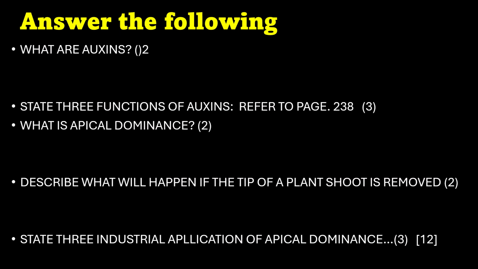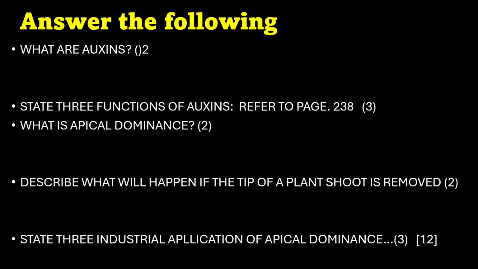State 3 functions of auxins. That will demand that you refer to your notes, or you go to the DBE textbook, page 238, or you just check your notes, the handouts. And then the third question, what is apical dominance, or define apical dominance? It can be 2 marks or 3 marks or 4 marks because you have to provide the full details.